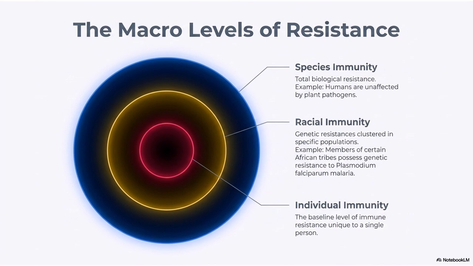Owing to our race, we have certain privileges, like certain populations do not develop malarial infection because of the slight difference in the shape of their RBCs. There can also be individual immunity, which is a baseline in a particular person. It is not to a particular genus or a particular race. It is to a particular individual alone.